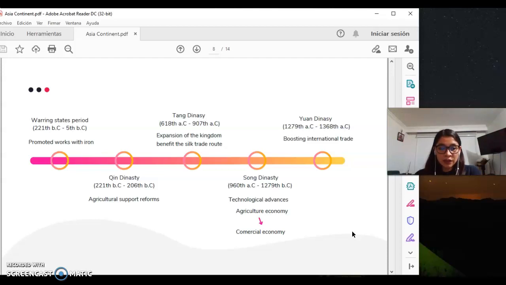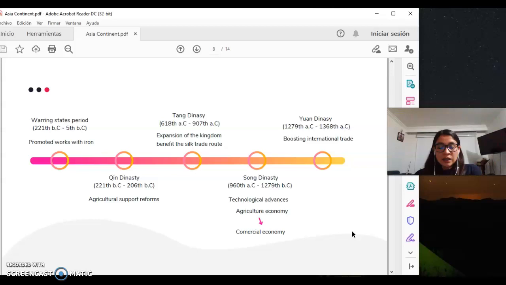The second fact that I want to highlight is the Qin dynasty, between 221 before Christ and 206 before Christ. In this period, the dynasty supported agriculture with some reforms that currently are very important for some sectors. The third is the Tang dynasty, between 680 after Christ and 907 after Christ.